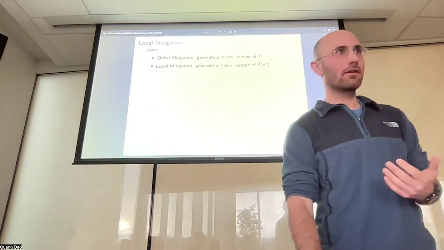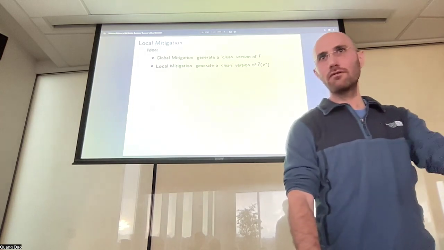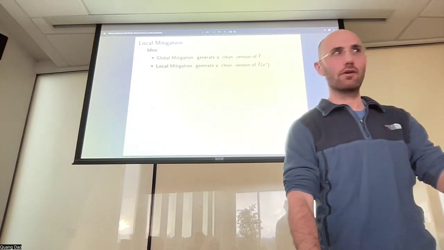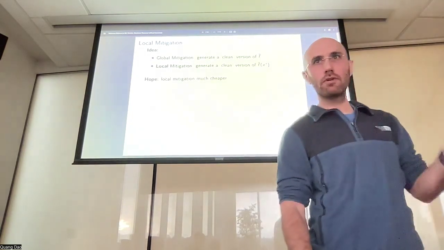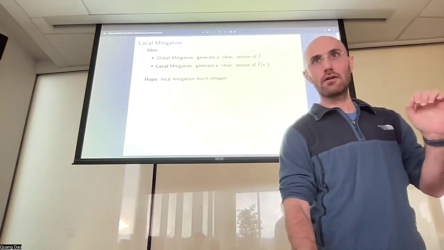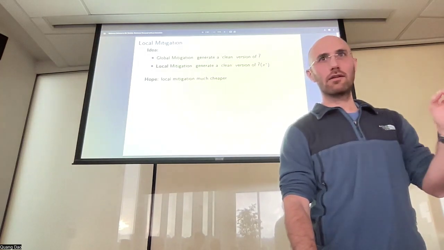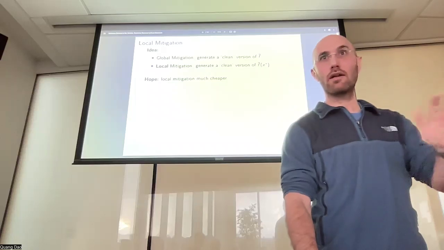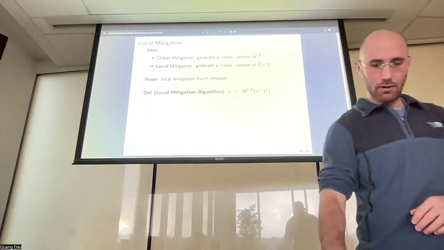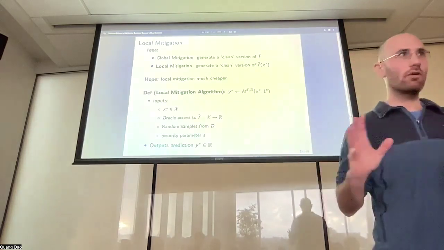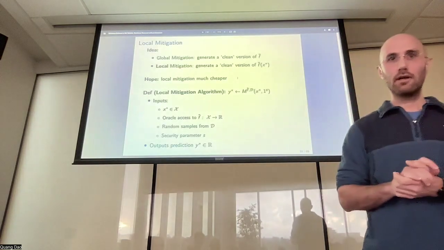And because we're asking for less, we're hoping this will be a lot more efficient. So the hope is that local mitigation will give us a clean version of F tilde of X star and cost way, way less than training the model from scratch and way, way less than doing global mitigation.